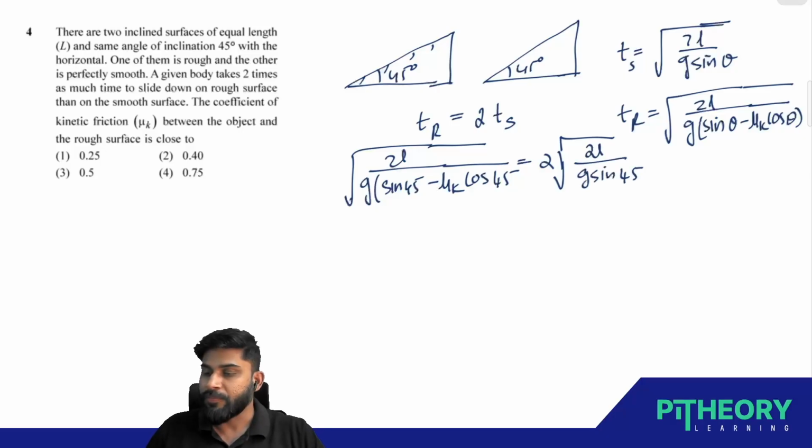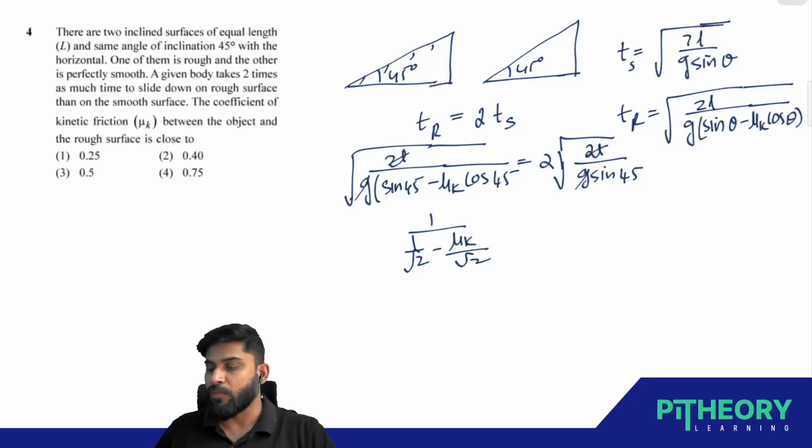Sine 45 and cos 45 are both 1 by root 2. If I square both sides, you can remove the root. The things on both sides, 2L and g, you can cancel. So you'll get 1 by root 2 minus mu k by root 2, since cos 45 is again 1 by root 2.